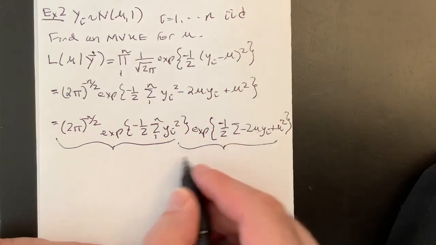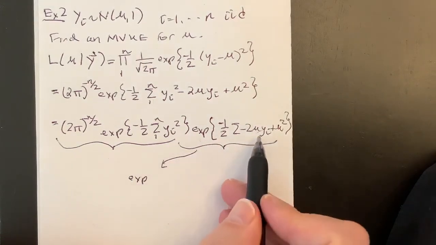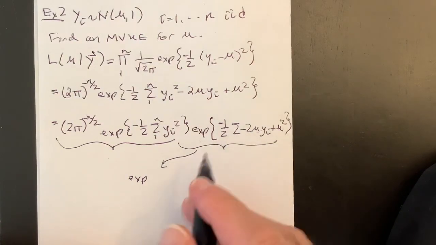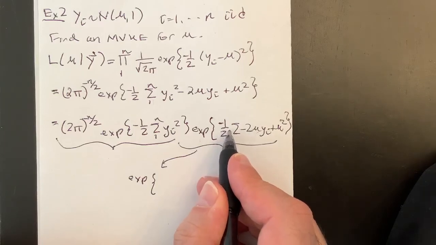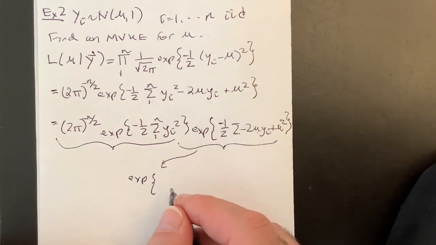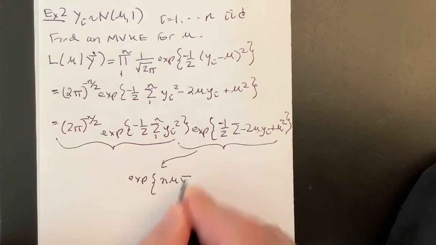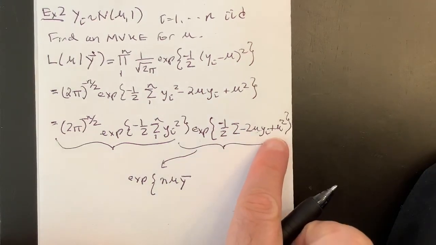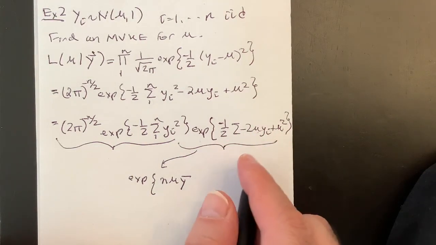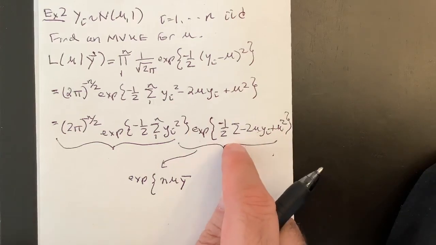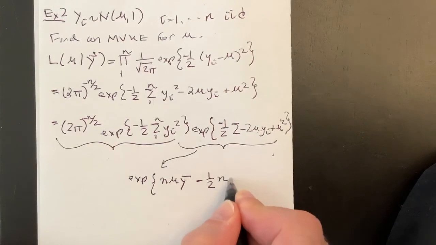So this piece is equal to exp of, if I take this outside, a positive mu times the sum, so I get n mu y bar. And the mu squared can come outside, so I get minus 1/2 n mu squared.